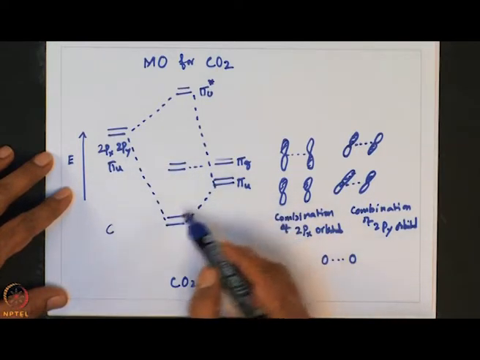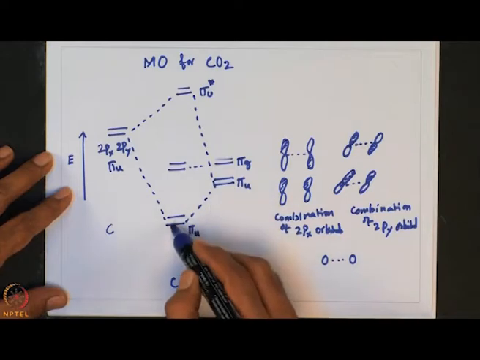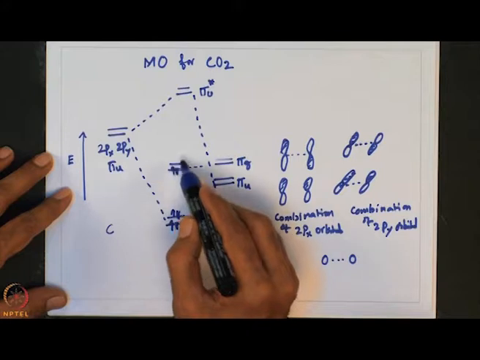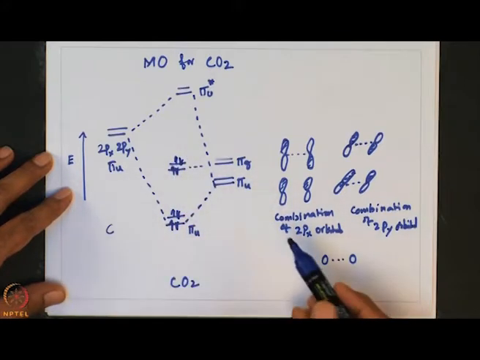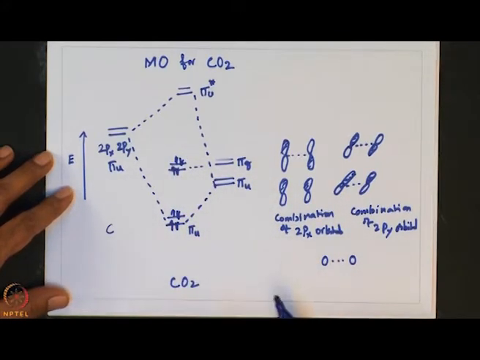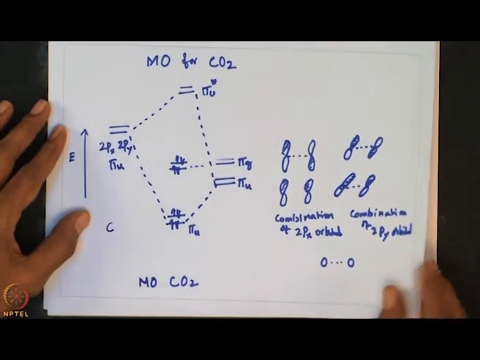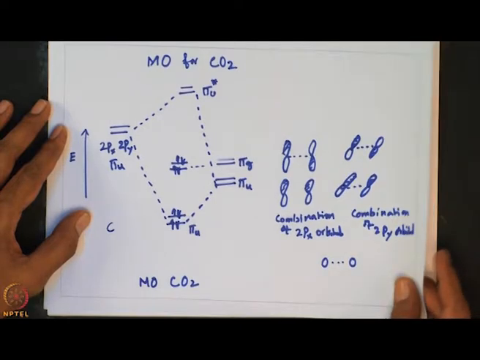Now we have to put these 8 electrons here. So, this is the MO diagram for CO2. This is for oxygen, this is for CO2. One should be able to write a simplified MO diagram for CO2 in this fashion.